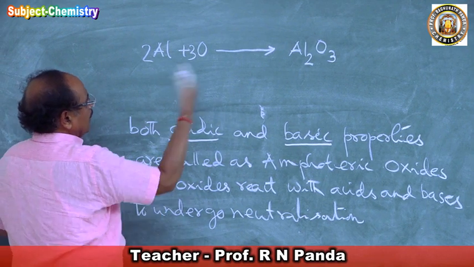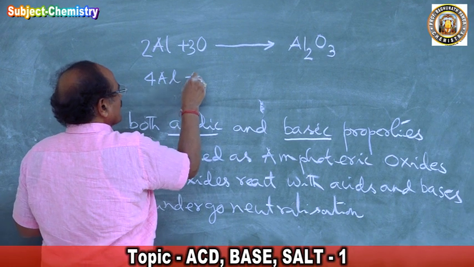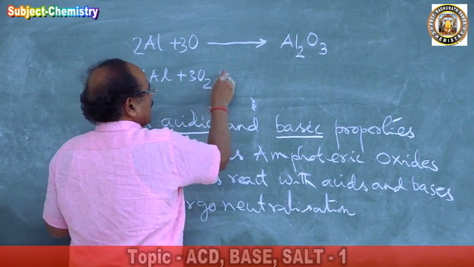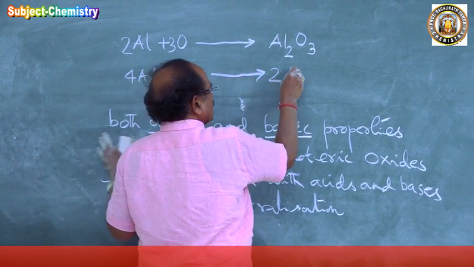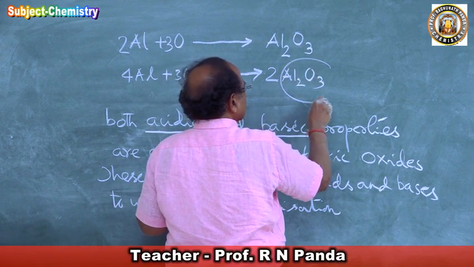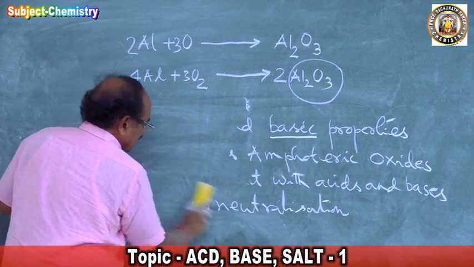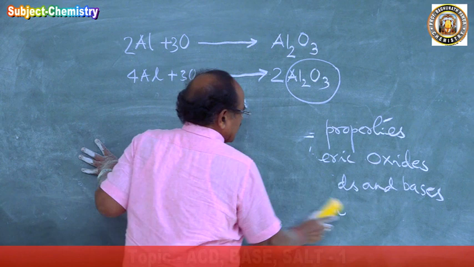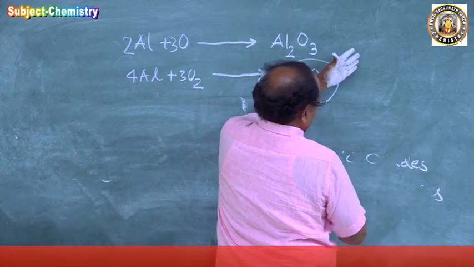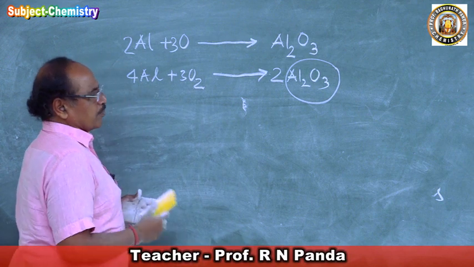If you make it a molecular balanced equation, this will be 4 aluminium plus 3 O2 giving 2Al2O3. How I am doing it, I am going to teach you in the next class. So this aluminium oxide is an amphoteric oxide. It reacts with both acid and base. This is a chemical equation, and what I have done is called writing a balanced chemical equation.